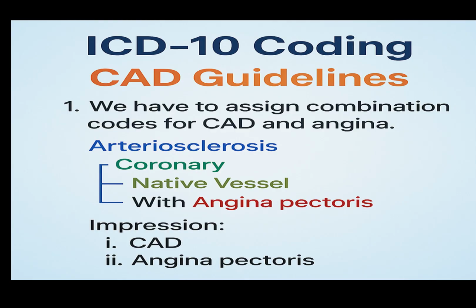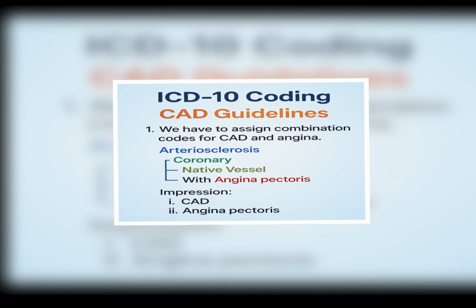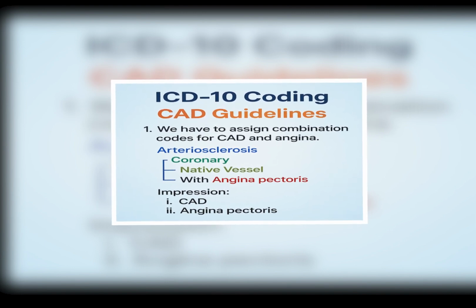CAD guidelines. Let's start with CAD and angina. In ICD-10, when CAD and angina appear together in the documentation, we have to use a combination code. The medical structure usually looks like this: arteriosclerosis of the coronary artery in a native vessel with angina pectoris.